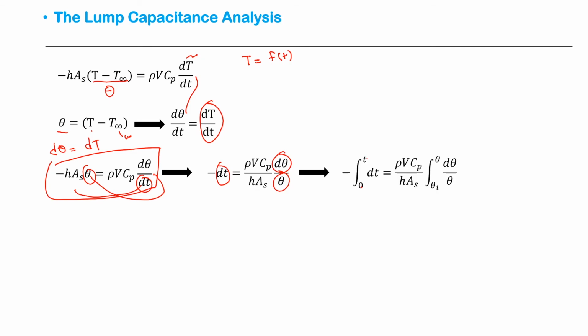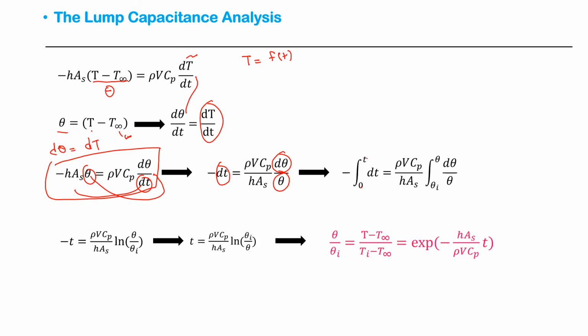If you take the integral of both sides, the integral of this is minus t, and d theta by theta is going to give us log, and since we are integrating from theta I to theta, we have this expression.